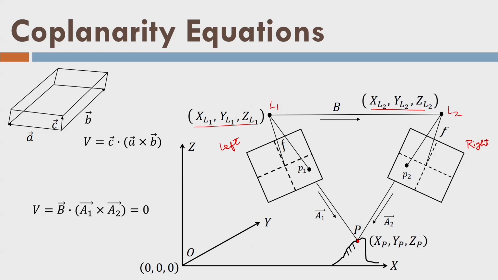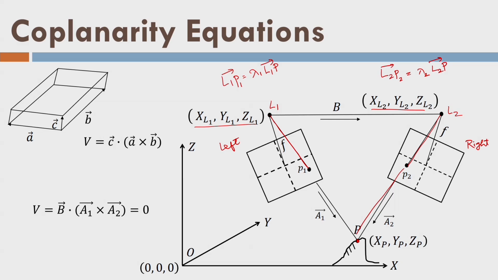So, I can now write the collinearity equation for this: L1P is, let us say, lambda 1 times L1 capital P. Similarly, I can write the collinearity equation here: L2P2 is lambda 2 times L2 capital P, like this.